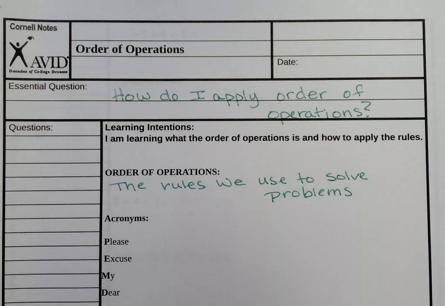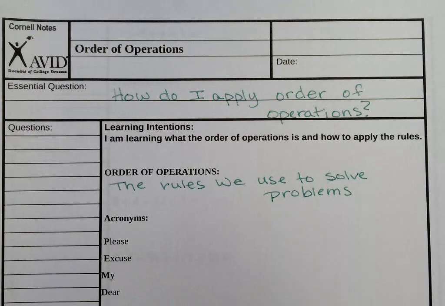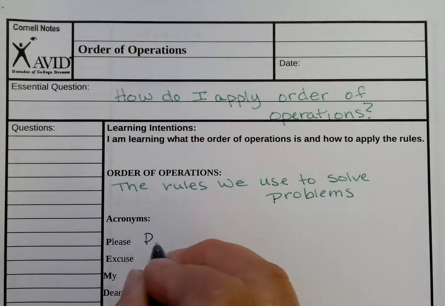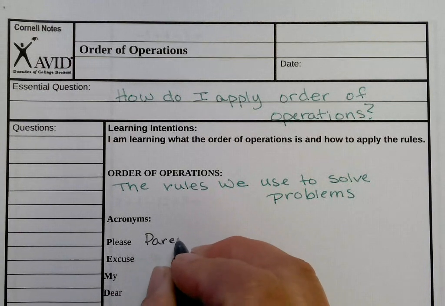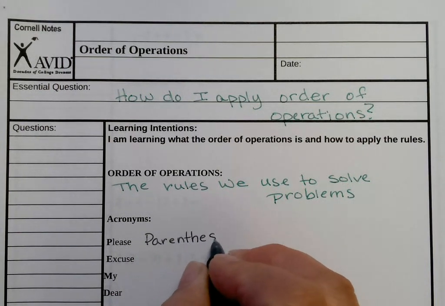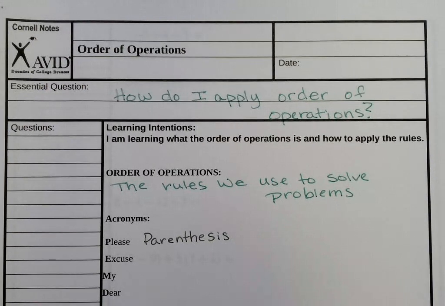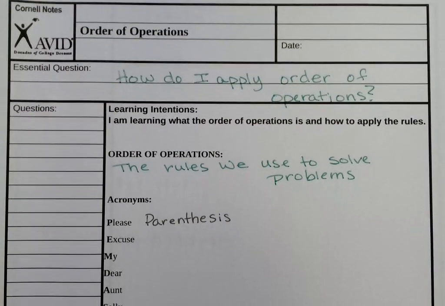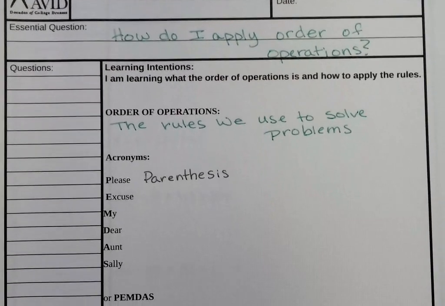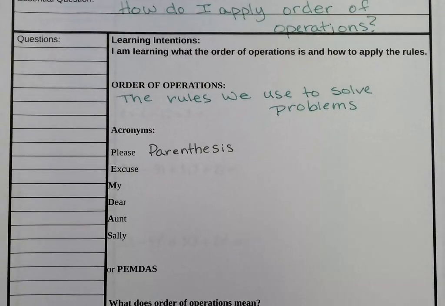So the first one is please. The P stands for what? If you said parentheses, you would be right. So, P, PEMDAS, please excuse my dear Aunt Sally.